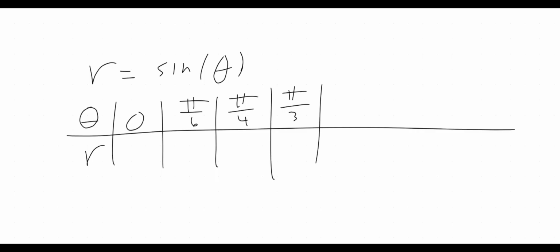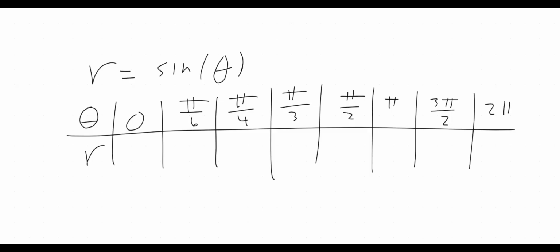We do pi over 2. Now, we don't need to list everything for this next one. Since we know about the symmetry of our sine graphs and the unit circle and how those are related, let's jump straight to pi. Then we'll do 3 pi over 2, and then 2 pi. Although actually, we don't even need to get out that far.